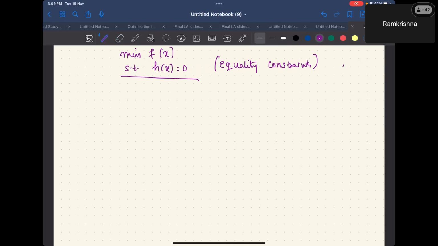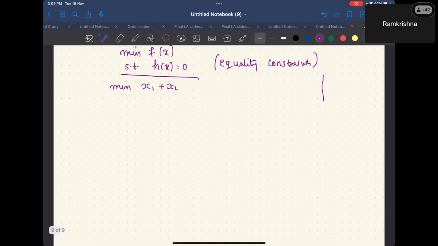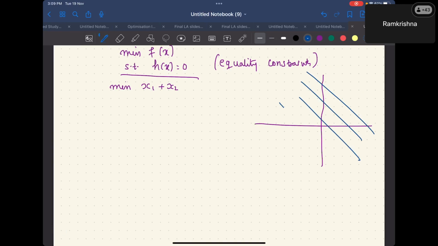In some cases it also helps. For example, if I just look at the function minimize x1 plus x2, the solution doesn't exist. If I draw contours of my function x1 plus x2, they look something like this, and a minimum does not exist.